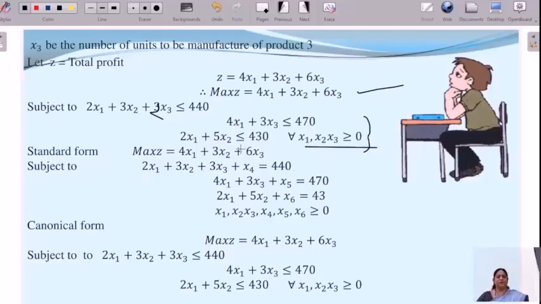And we know how to convert the given LPP into the standard form. We have the objective function 4x1 plus 3x2 plus 6x3. The constraints are of less than or equal to type.